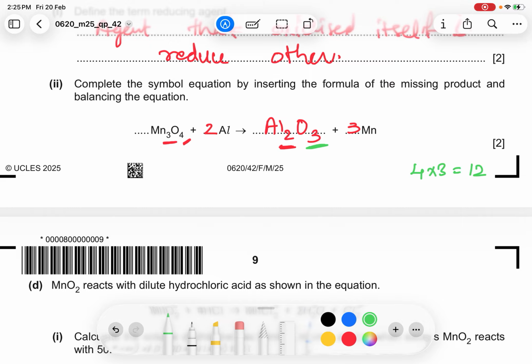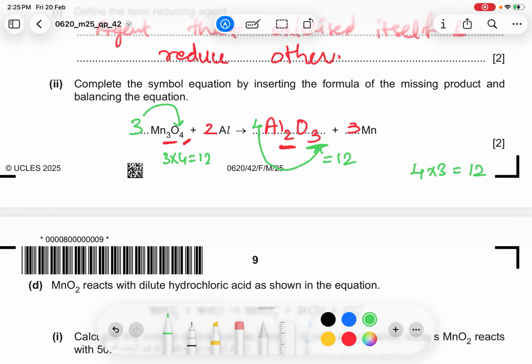So somehow we will have to make the oxygen 12. For the reactant side, 4 is already given, we will multiply it with 3. So 3 into 4 becomes 12. In case of aluminium oxide, 3 is already given, we will multiply it with 4. So 4 3s are 12.